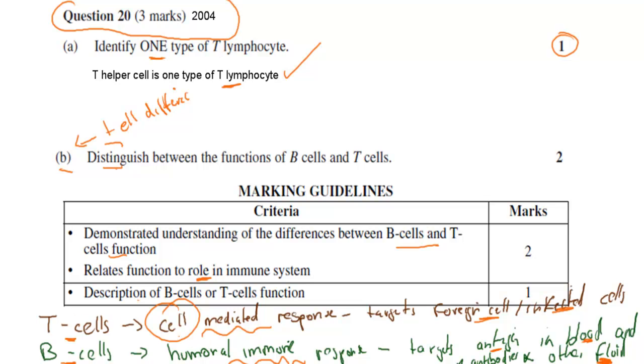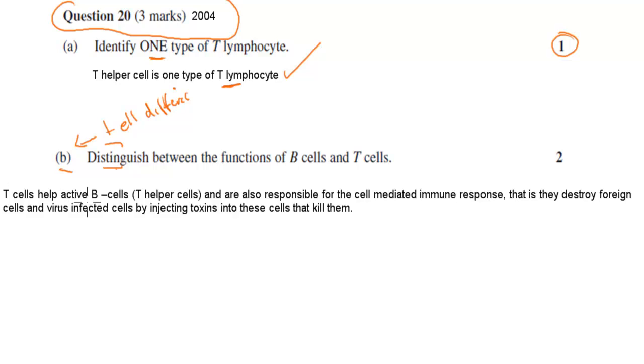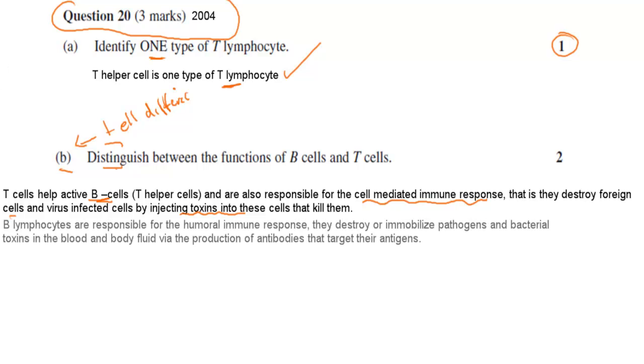So basically you should have put that into your actual description, and then outline the difference between the two. What I wrote is that the T helper cells activate B cells, that's one of their roles, and are responsible for the cell-mediated immune response. That is, they destroy foreign cells, viruses and virus-infected cells by injecting toxins into these cells that kill them. Whereas the B cells are responsible for the humoral immune response.